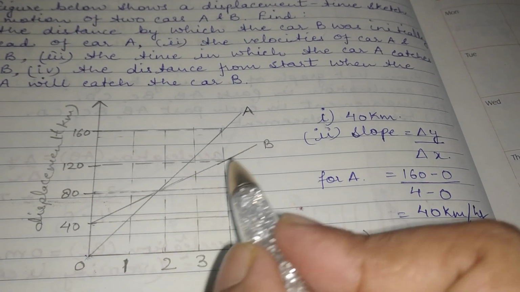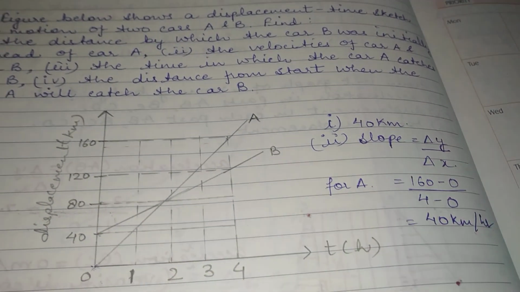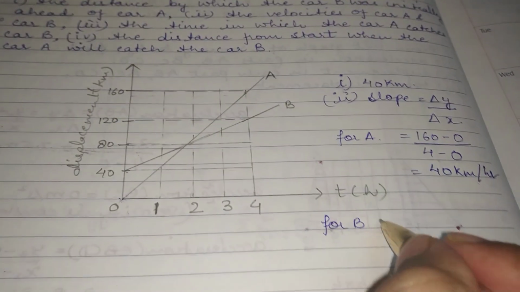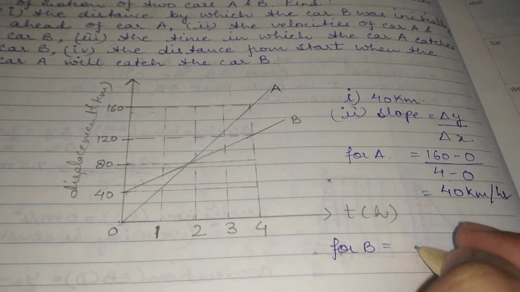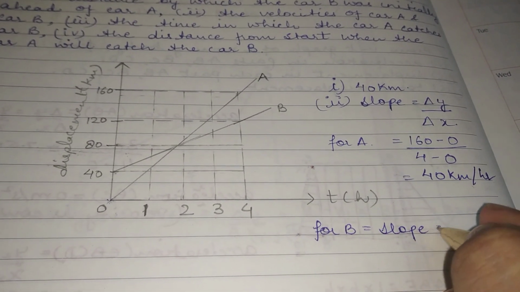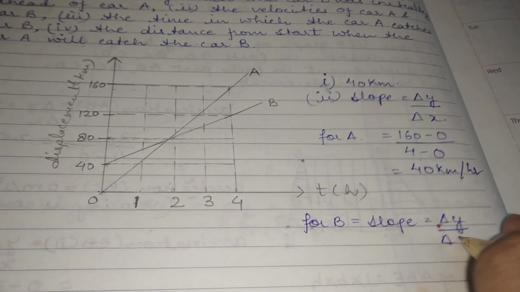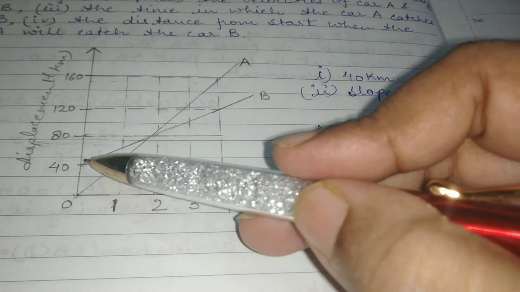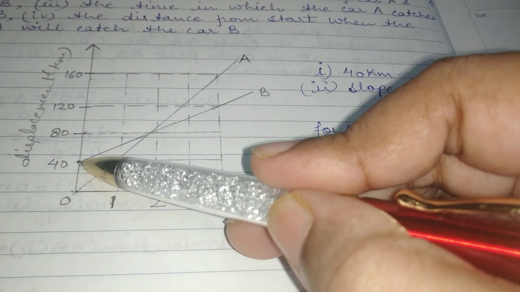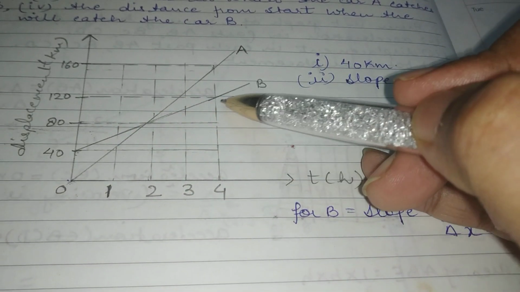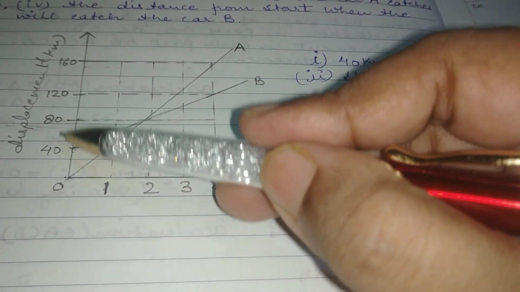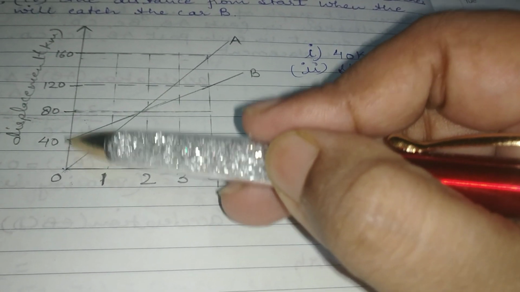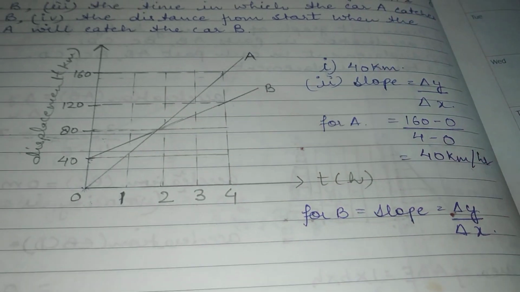Similarly, we will find the velocity of the car B. So, for B, the slope is delta y upon delta x. And how do you find now delta y? Initial position of car B is 40. Final position is how much? 120. So delta y will be how much? This difference will be 120 minus 40.